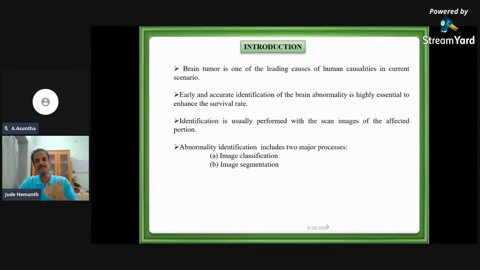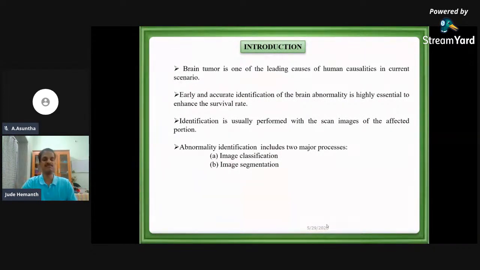But image segmentation is processing within the image. For example, if you diagnose my face as Jude, that is image classification. If you say my ears are like this, my eyes are like this, that means within the face you take some partition or clustering, then we call it image segmentation.